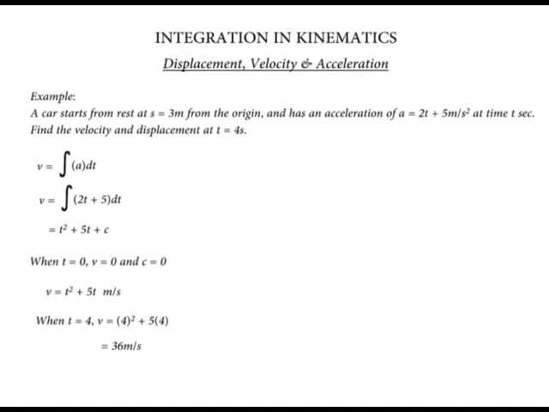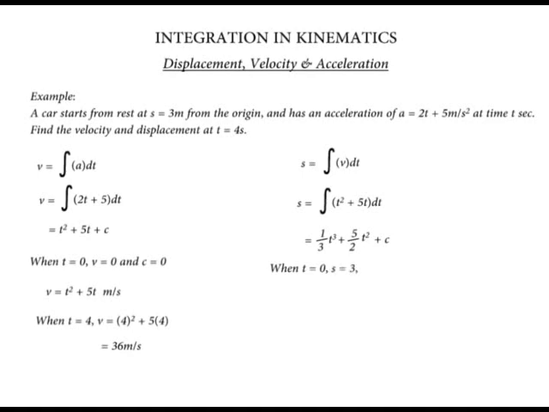Now displacement. Displacement s is equal to the integral of v with respect to time. In this case, we integrate the expression for velocity, the integral of t squared plus 5t with respect to t. That gives us a third t cubed plus 5 over 2 t squared plus c. We add the constant. When t is equal to 0, s was 3 meters.